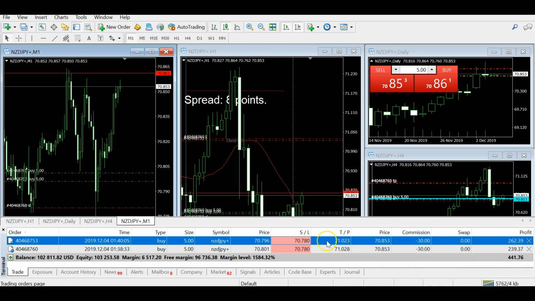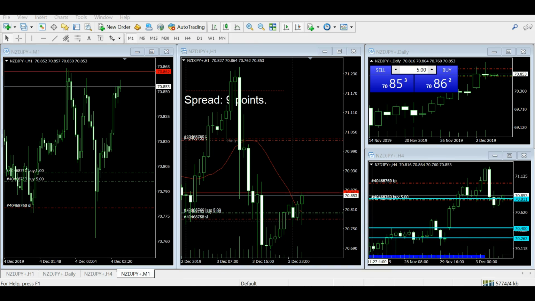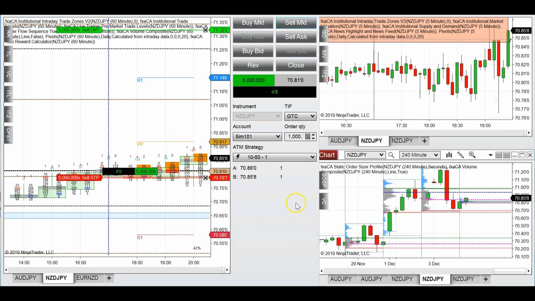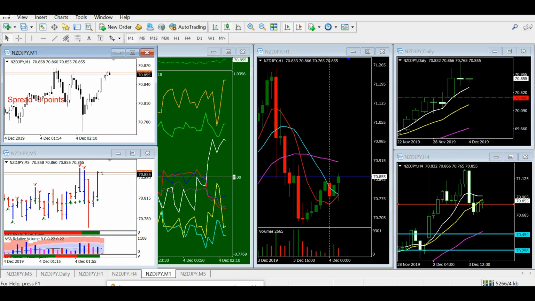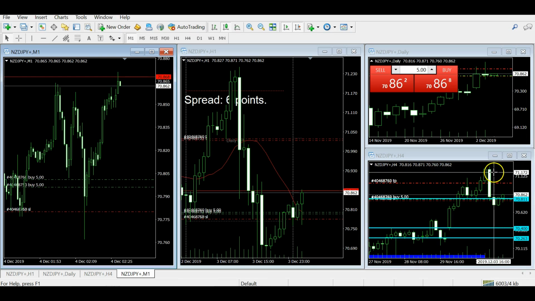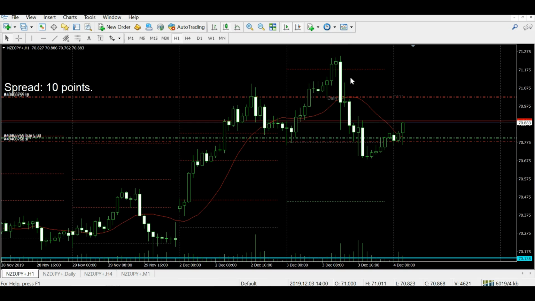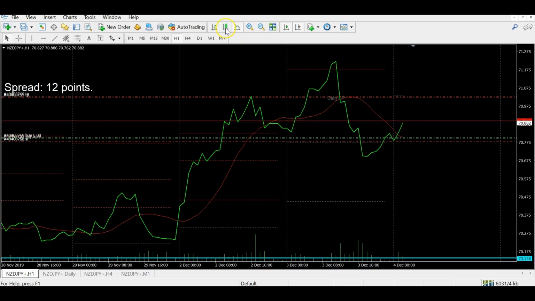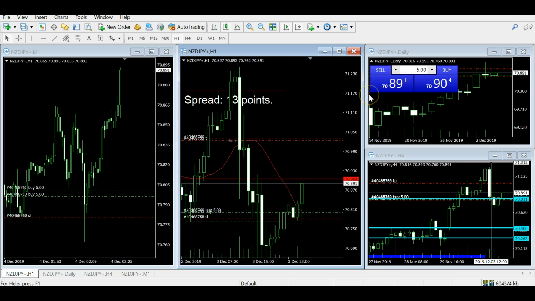Now if the news is positive, it's going to push the New Zealand dollar to the upside, but if it is negative, it's going to push the New Zealand dollar to the downside, because if the Aussie dollar is going down, that will drag the New Zealand dollar down as well. So we're just looking at it, and this is the final push before the news.